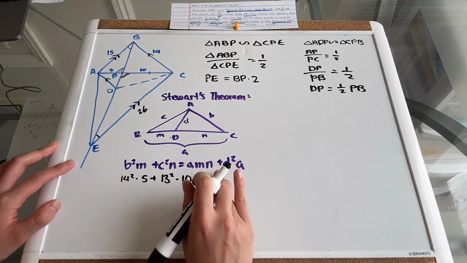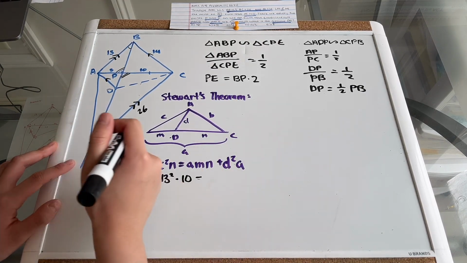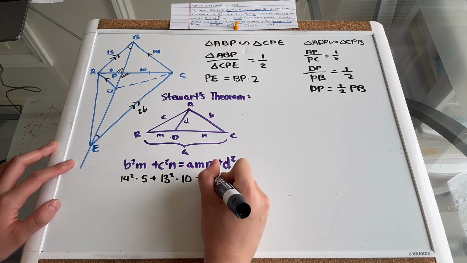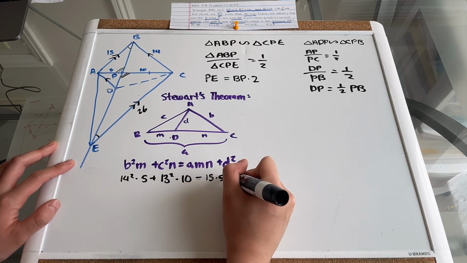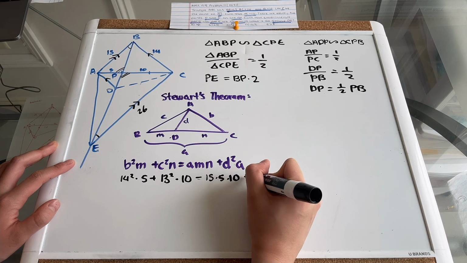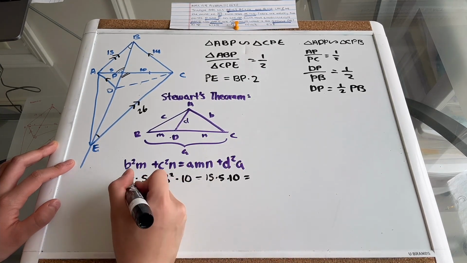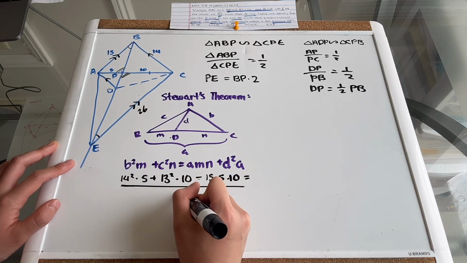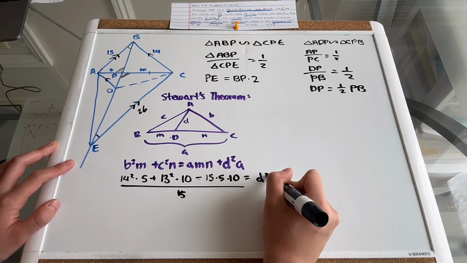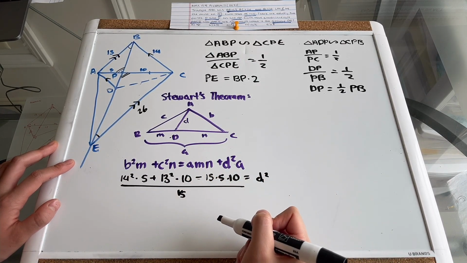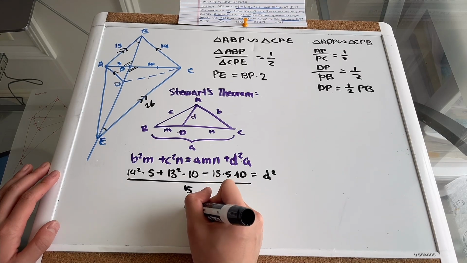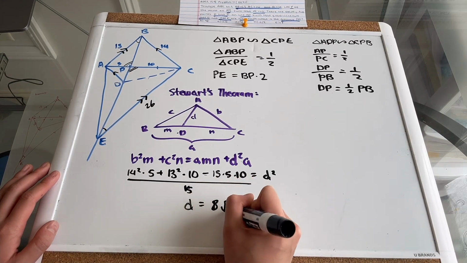Then you subtract A times M times N, so subtract 15 times 5 times 10. And this is equal to D squared A. If we divide this whole thing by A, which is 15, we get D squared. Now we can simplify, and D is equal to 8 times the square root of 2.